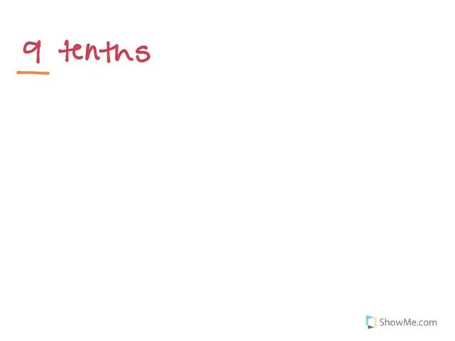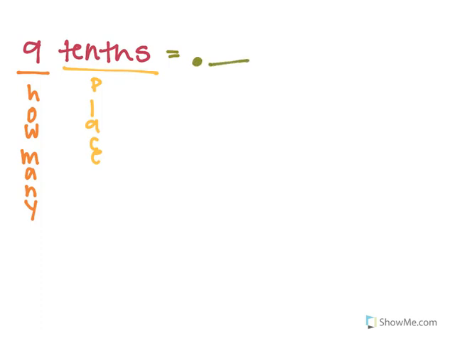Okay, this 9 represents how many tenths I have. This tenths represents the place I'm in. So since I'm in the tenths place, I put my dot and one line to represent that tenths. Then I bring over the 9 and put it on top.